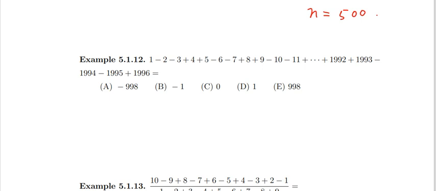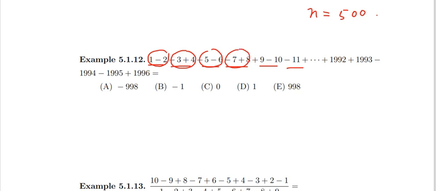Let's say maybe we check it 2 by 2. Negative 1, positive 1, negative 1, positive 1. Oh, so we say negative 1, positive 1, negative 1, positive 1. Just try to cancel them. So here we need to find, let's say, this is negative 1. This is positive 1. Negative 1, positive 1.